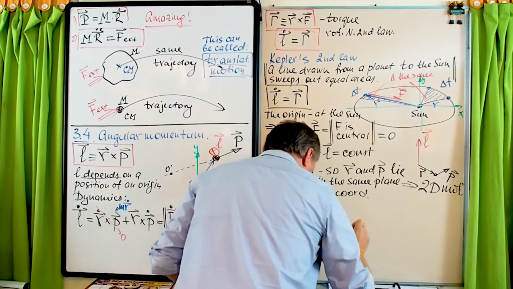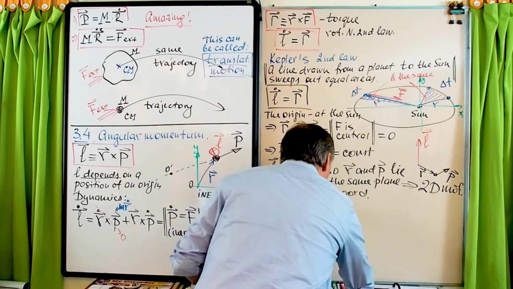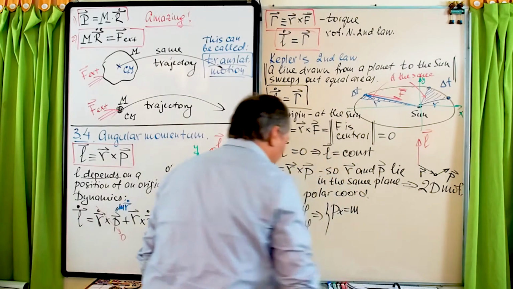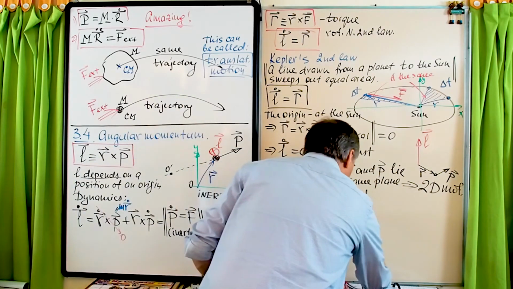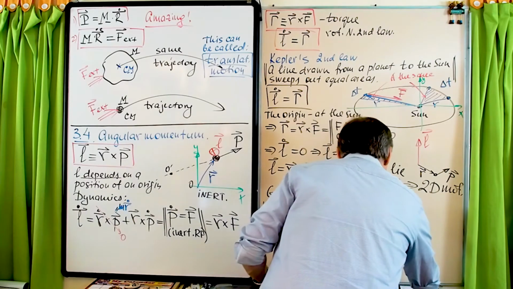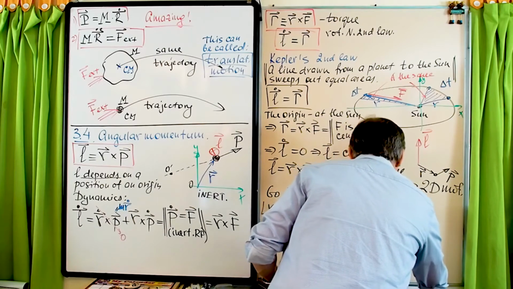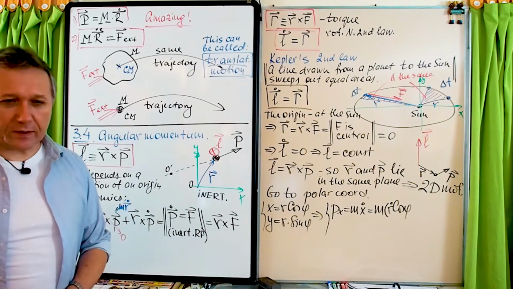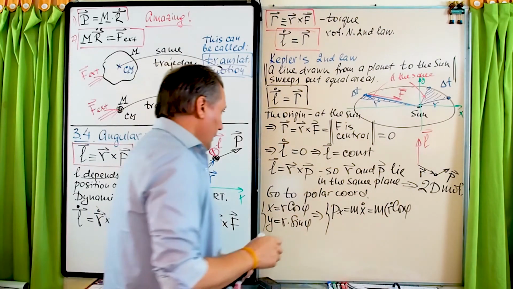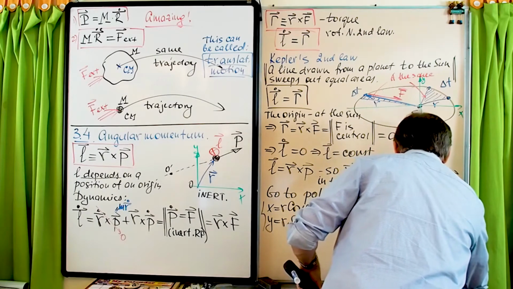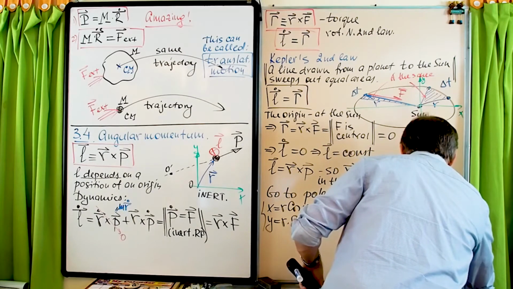It's up to you. So in my notes, I wrote this: m x dot, so it will be m, r dot cosine phi, minus r phi dot sine phi.